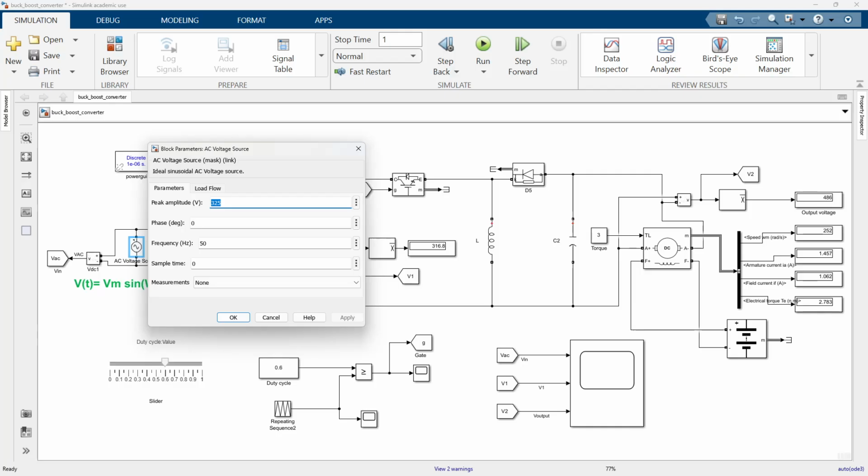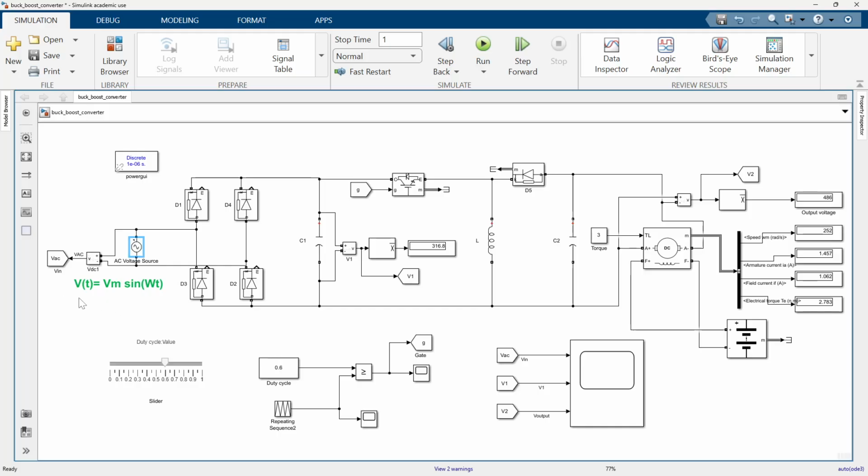It represents a sinusoidal voltage source, which is described by this equation. The peak voltage is root 2 times 230, which is 325 volt, and as you can see, now we will confirm this voltage using the scope.